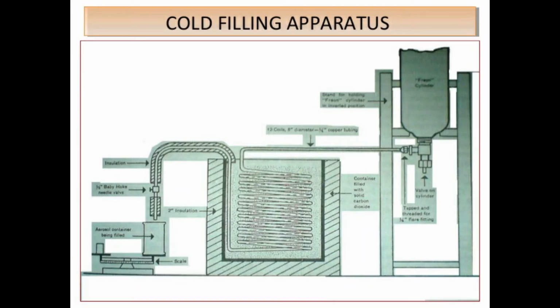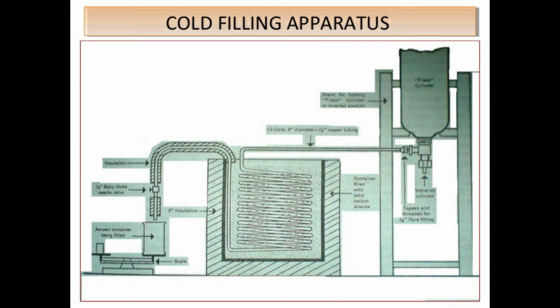Next apparatus is cold filling apparatus. It consists of an insulated box fitted with copper tubings, and the tubings are coiled to increase the area exposed to cooling. The insulated box should be filled with dry ice or acetone prior to use. The apparatus can be operated with or without metered valves.